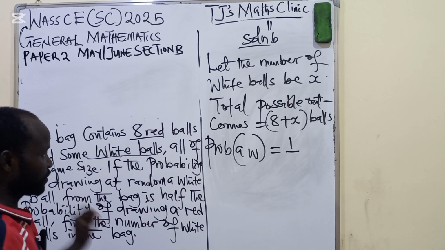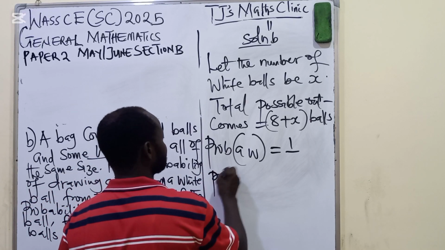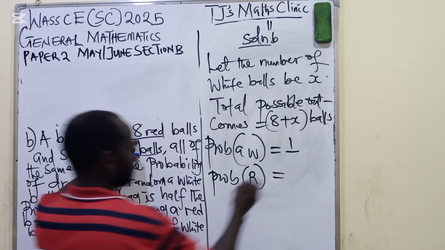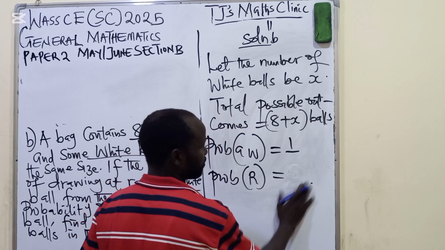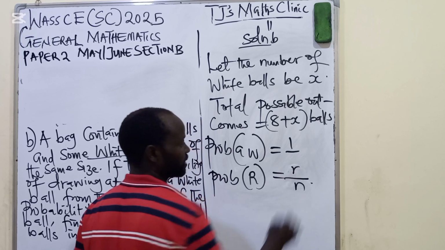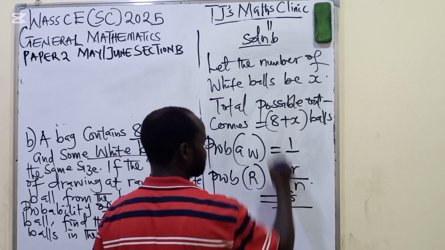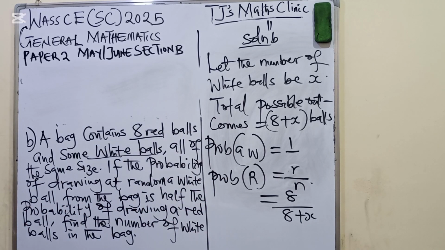So we have to find the probability of red first. Probability of drawing red will be, red is 8, that will be 8 out of the total. That's required outcomes divided by the total possible outcomes. In this case, our required outcomes is 8 out of 8 plus X. Very important.